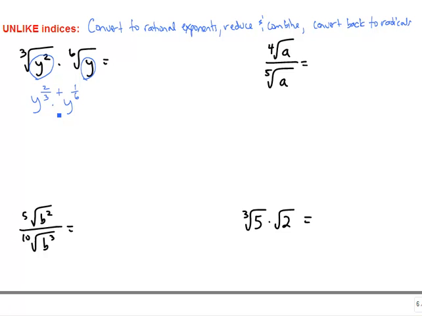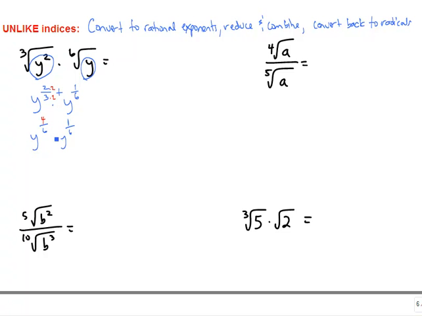So here we're going to have to get common denominators first. So that would be a common denominator of 6. The 1/6 power already has the right denominator. To change 2/3 into a denominator of 6, we'd have to multiply by 2's. So this new top is going to be 4/6.